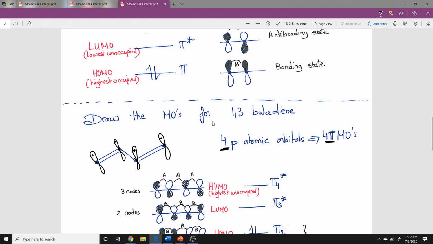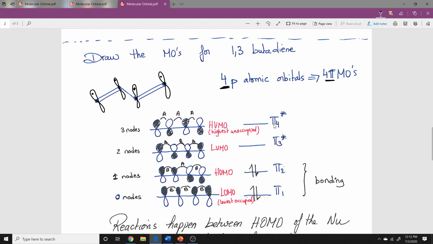So start drawing your 4 pi molecular orbitals. As you can see over here, I didn't draw the p atomic orbitals and do the overlap, showing the bonding and the anti-bonding states. You don't have to do this. All you need to do is just draw the molecular orbitals in there. I knew that I have 4 pi molecular orbitals, so start drawing them in the form of pi 1, pi 2.